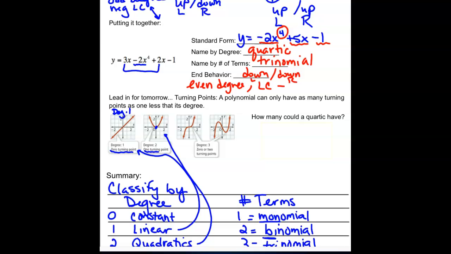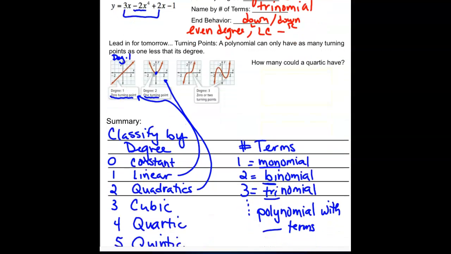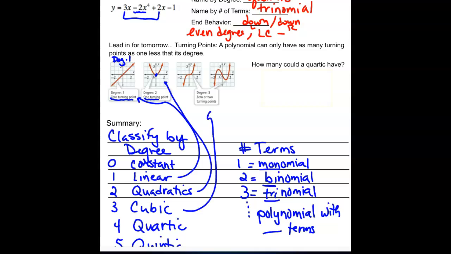A cubic, which is our next 2 pictures, degree 3, the maximum number of turns it could have would be 2. If it's degree 3, we have to take 1 off, maximum number it can have. So in our first picture, it really makes no turns. It's just a very smooth curve. A turn is going to be changing complete directions. This is still continuing up. It's just making a little twist.